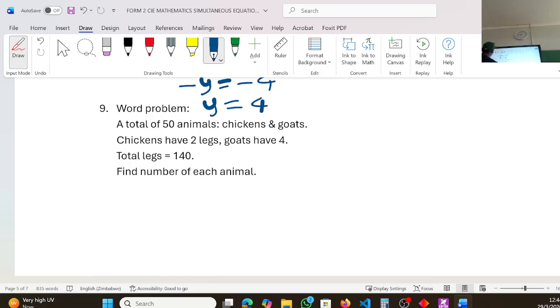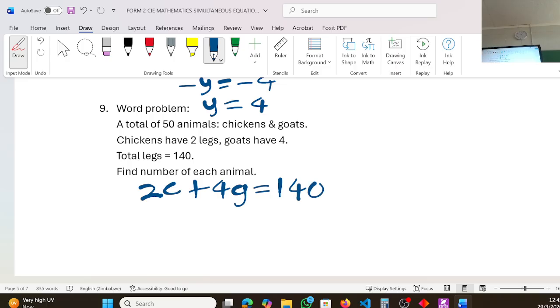So if we choose our variables like this, 2 legs from chickens, 4 from goats, you can formulate an equation to say that 2c plus 4g, the result is 140.